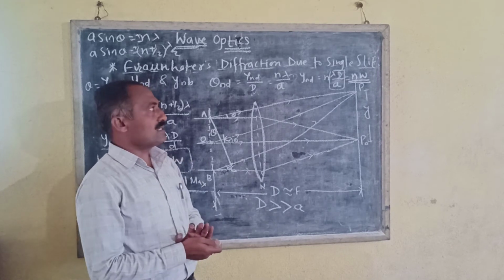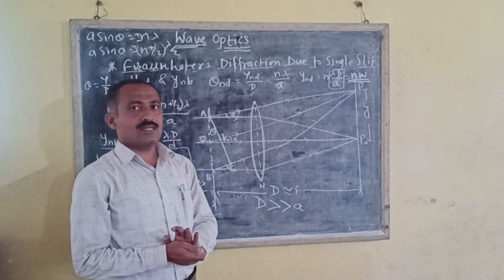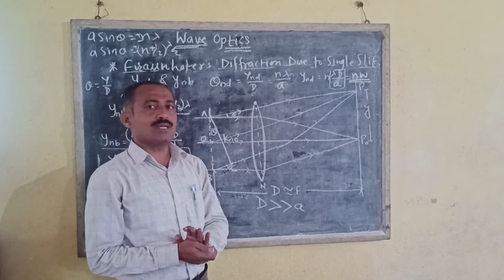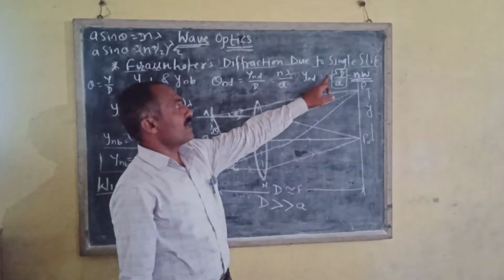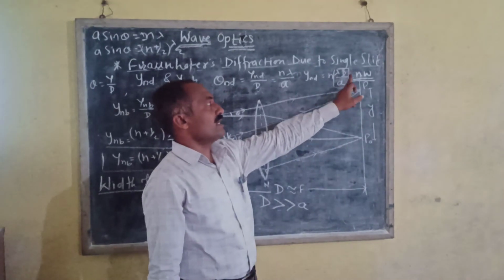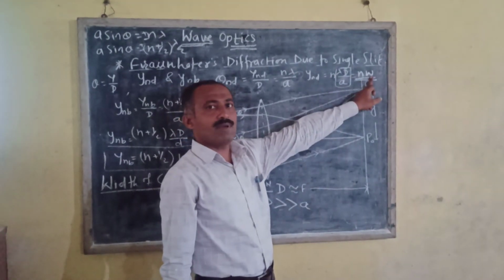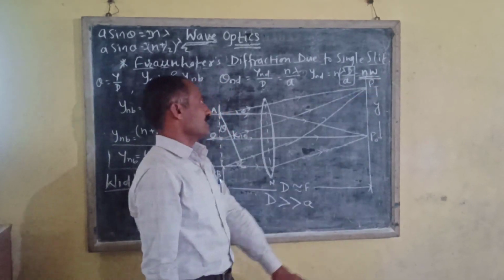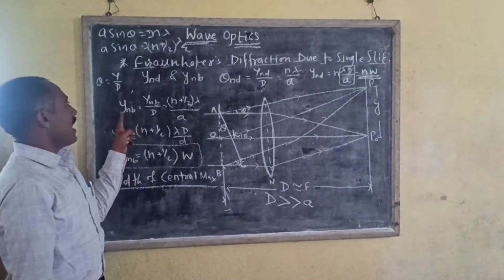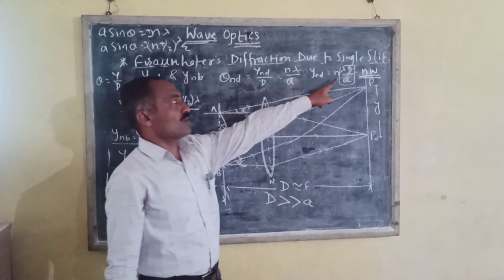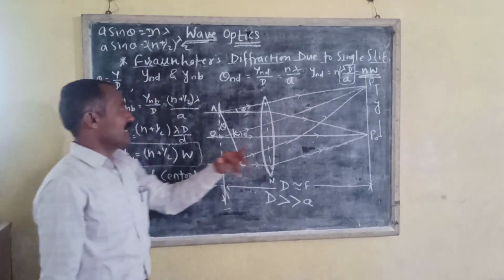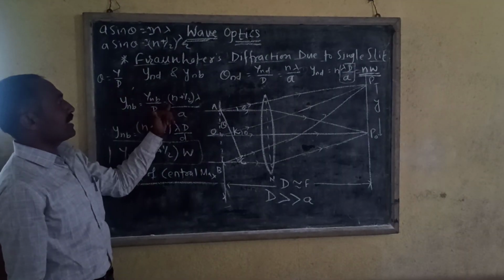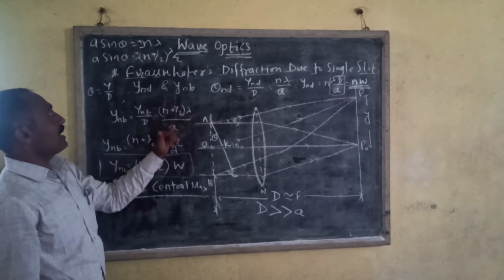In interference bands, capital X is the distance between two consecutive bright bands or consecutive dark bands. Similarly, here lambda capital D upon small a is the fringe width, so n into w for the nth dark fringe. For the nth bright fringe we can write y_nb upon capital D, and the condition is (n plus half) lambda upon a.